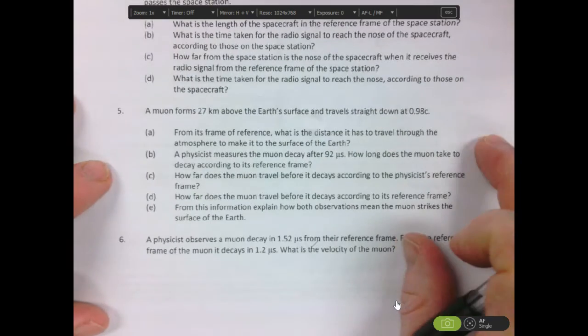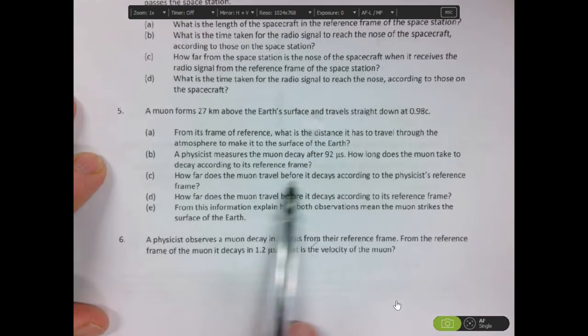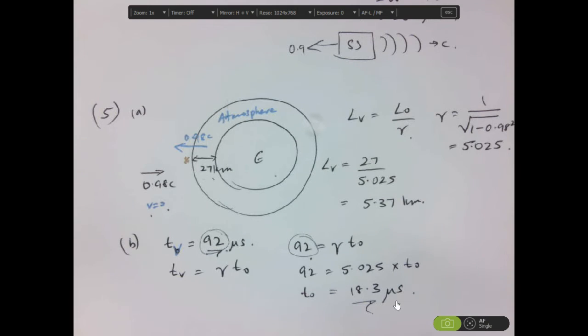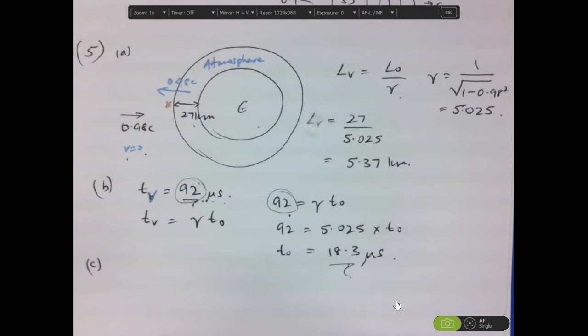Okay. Next, how far does the muon travel before it decays according to the physicist's reference frame? Well, the physicist thinks that it is going to be traveling for 92 microseconds. So for C here, definitely the physicist's reference frame, its velocity is equal to distance over time. So distance is equal to velocity times time.